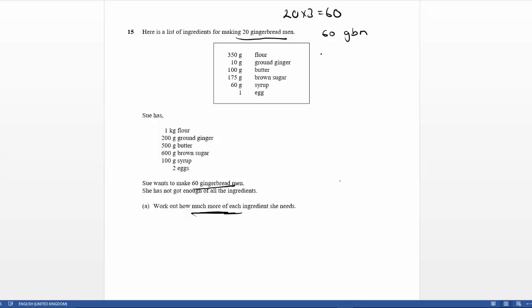I know 350 times 3 is going to be 1050 grams.